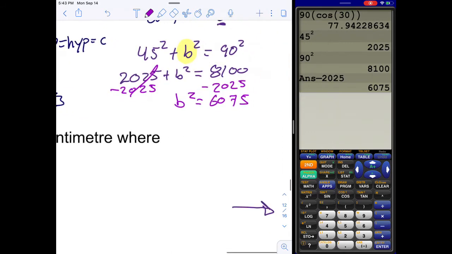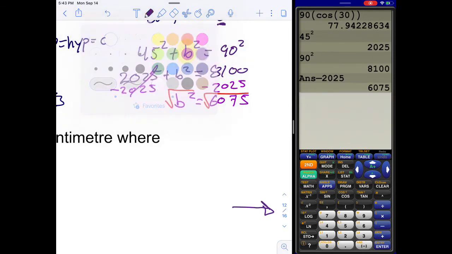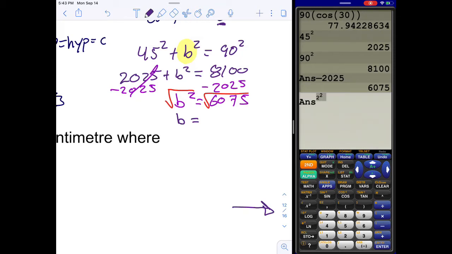In order to get rid of that square, we're going to square root both sides. And that's going to leave us with b equaling, and remember, how do you get the square root? Well, it is the yellow portion of x squared. If you look at x squared, there's a little yellow square root.